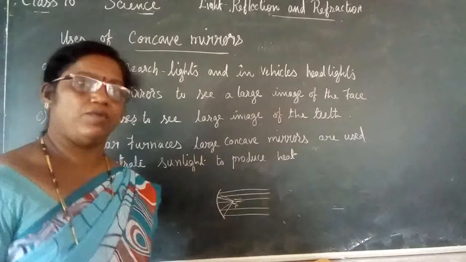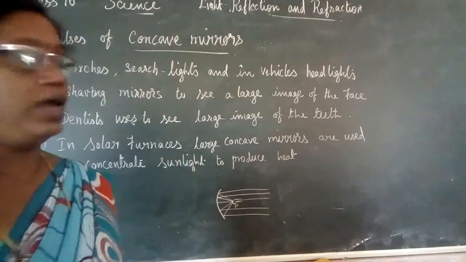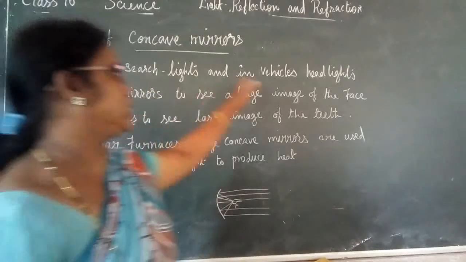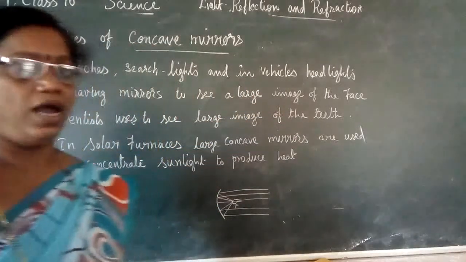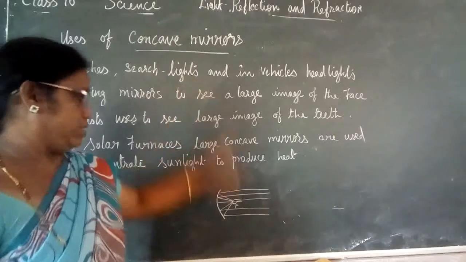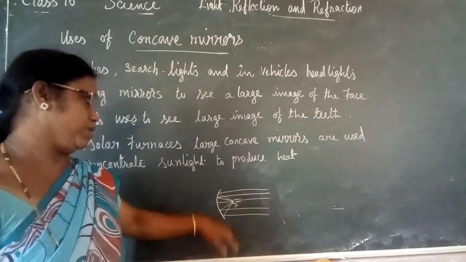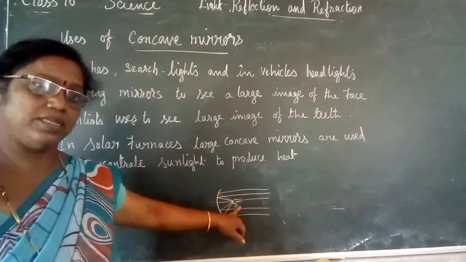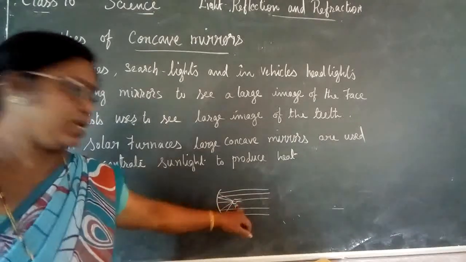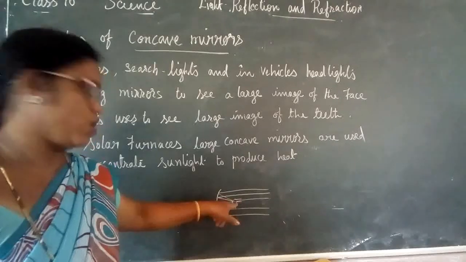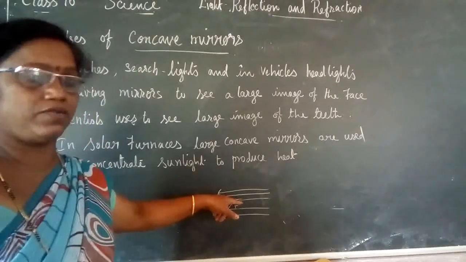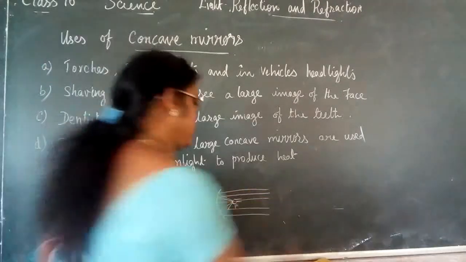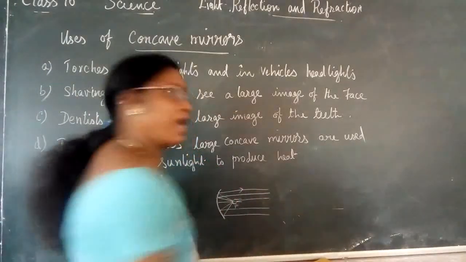Now let us see some of the uses of concave mirror. The first one is that it is used in torches, searchlights and in vehicle headlights. Just see this figure. Here in a torch, the bulb is kept at the principal focus, so that the light rays which come out from the principal focus, after reflection travel parallel to the principal axis.